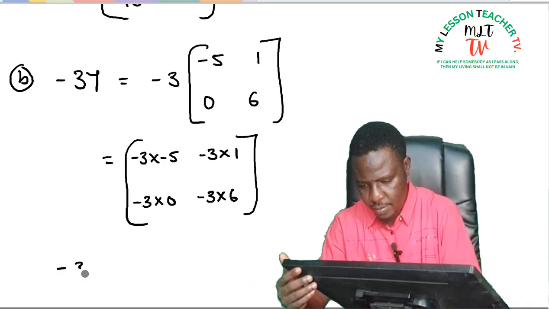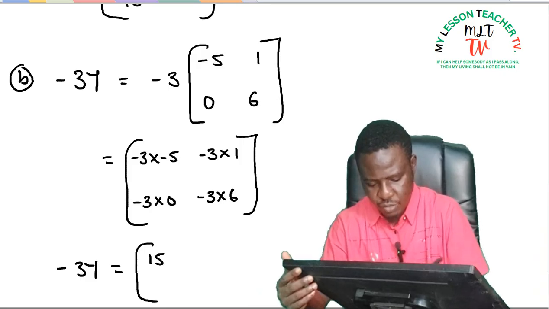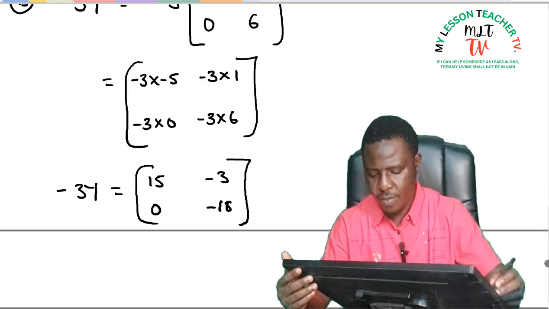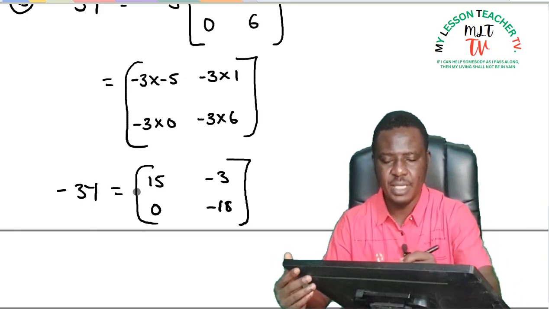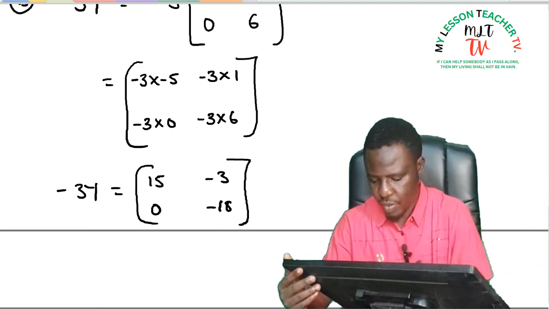So minus 3Y will be equal to a matrix with elements 15, since minus times minus gives you positive, then minus 3, 0, and minus 18. So this is your answer for minus 3Y. All you need to do is to multiply every term in the box by minus 3.